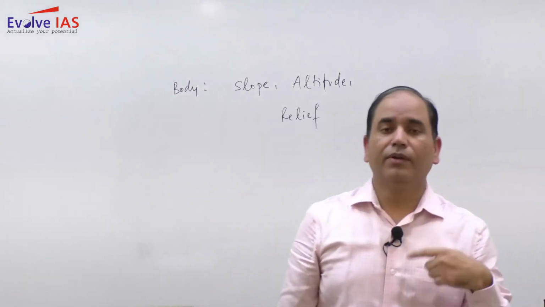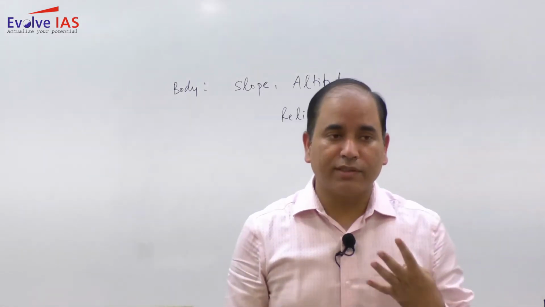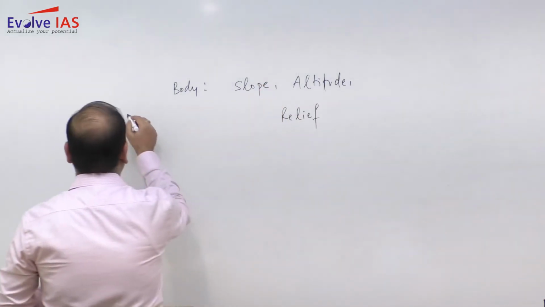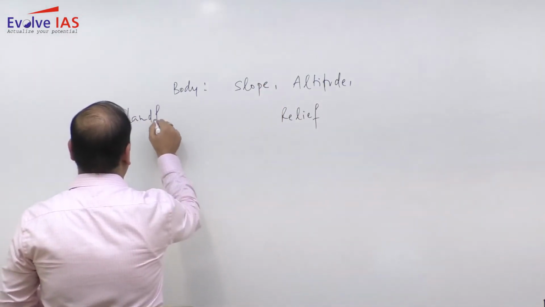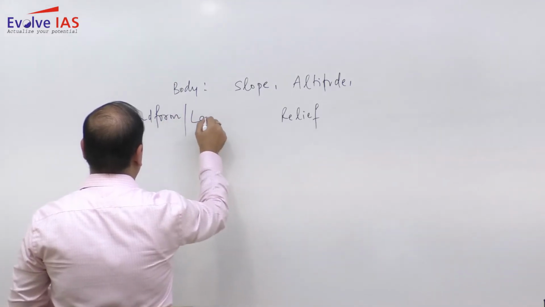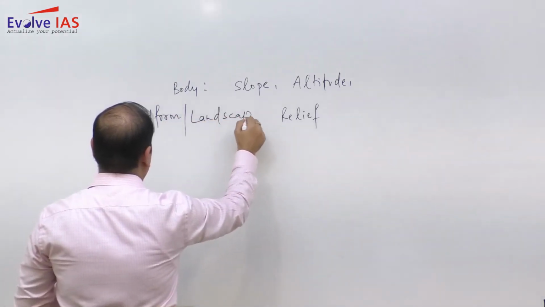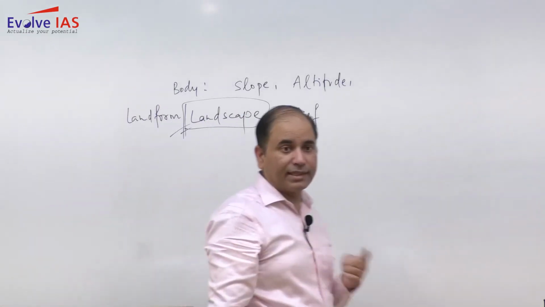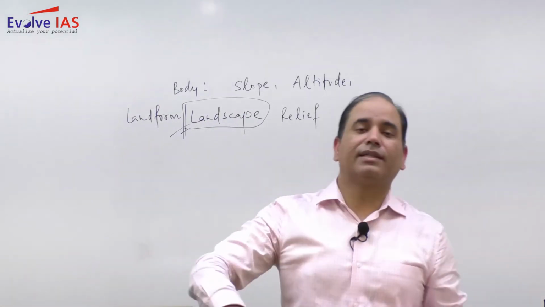But there are different geomorphologists who consider that landscape and landforms are synonymous. So they use this landform, but the true meaning of landscape is different.